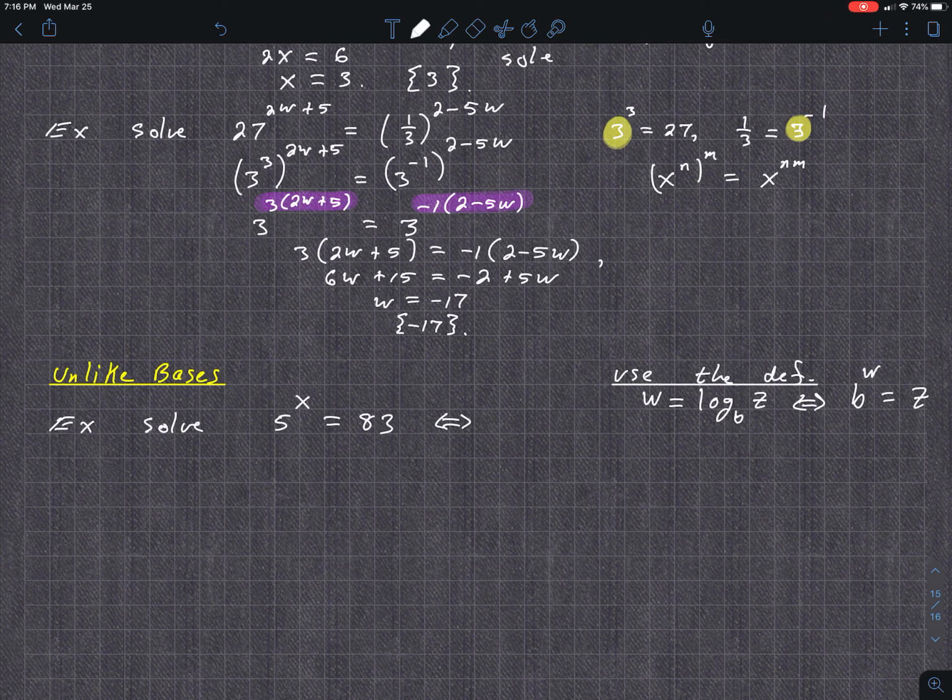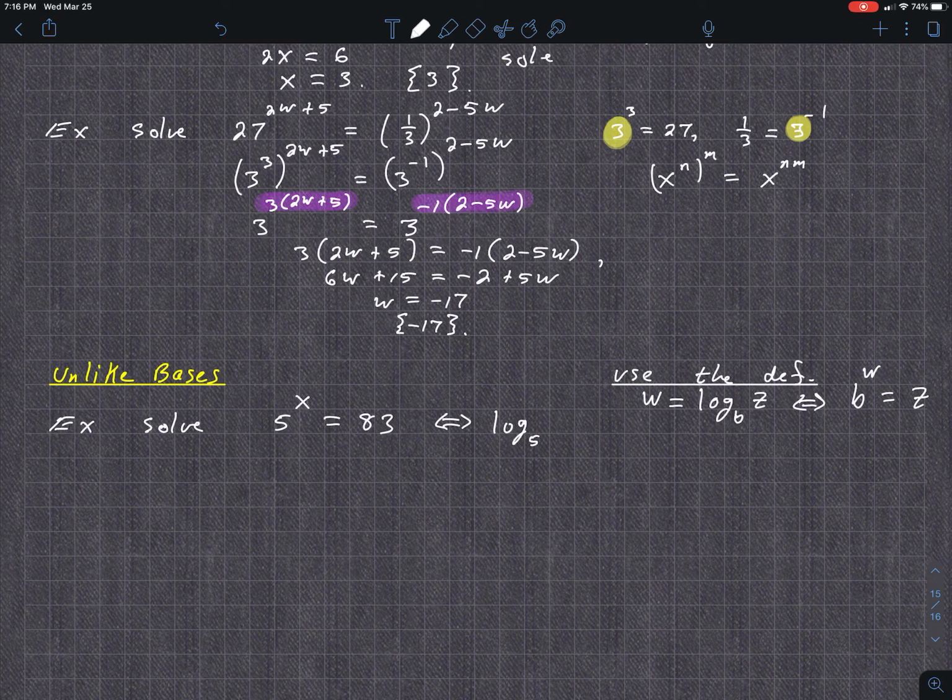So we can write that directly. I always start with the base because it's kind of easy to see. So you would say log base 5, because that's where it is, right? You see the base here, of what it equals, and the exponent is the answer.